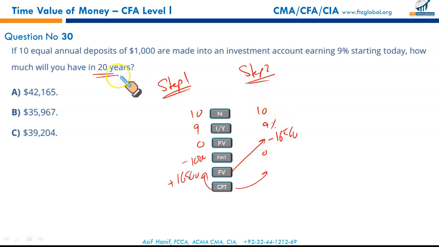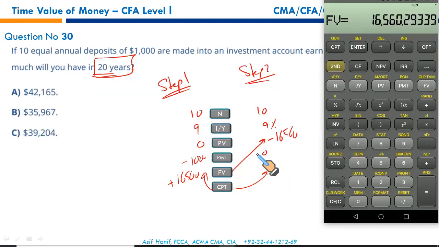So you have 10 additional years at 9%, where this present value will convert into a future value. But this time you have to do it on an ordinary annuity basis. Second, PMT, second, enter, second, quit. 10 is N. 9% is the interest rate.